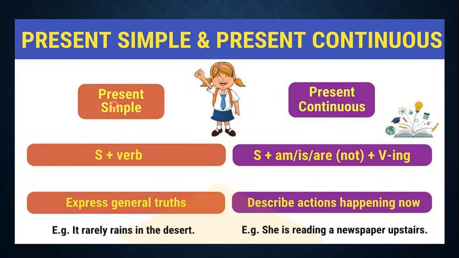Present simple: it rarely rains in the desert. She is reading a newspaper upstairs. Ok, es una acción que está sucediendo en este preciso momento, este ejemplo que estoy explicando, y el otro es una verdad general. Ok, it rarely rains in the desert, que raramente llueve en el desierto.